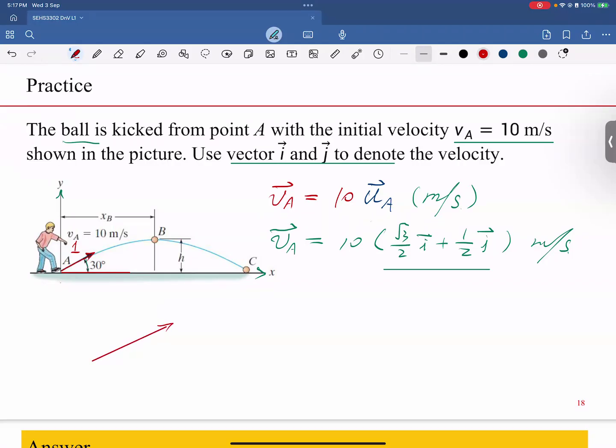The magnitude is 1, horizontally along x and vertically along y. So this unit vector is the summation of two vectors. We call it the rule of parallelogram or the rule of triangle.